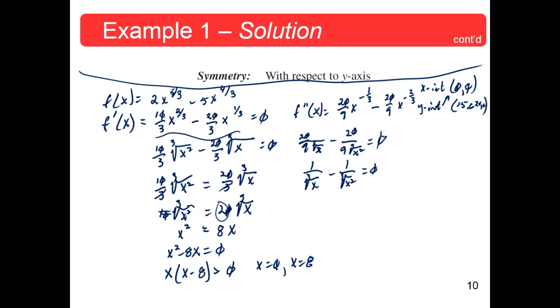Now, since that's a difference, we need same denominators, so we have to multiply this by the cube root of x again, but we'd have to multiply the numerator by the cube root of x, right? Now this will be the cube root of x squared. Okay, so that's our denominator. So what we have here is the cube root of x minus 1 over the cube root of x squared. Okay, have that equals 0.